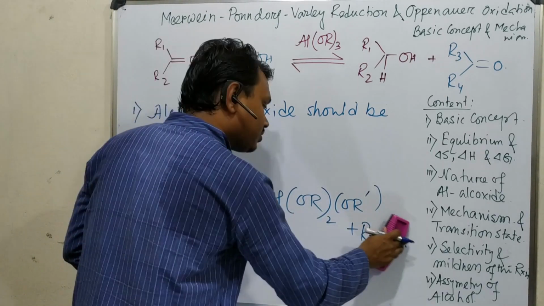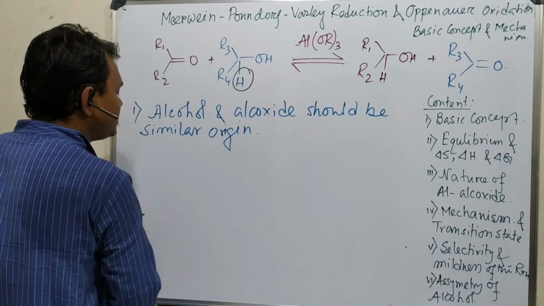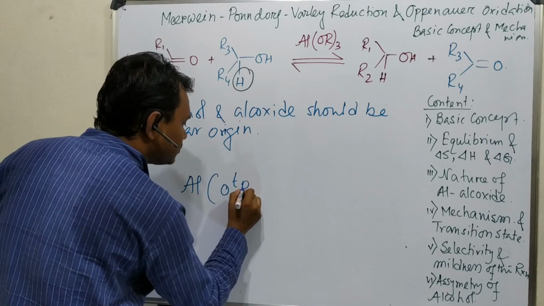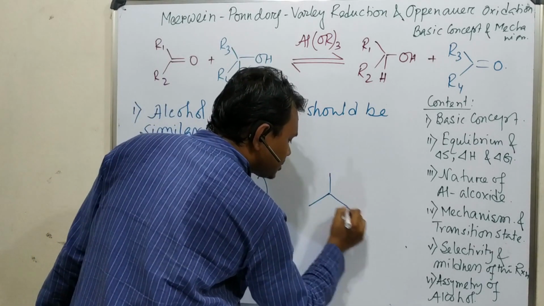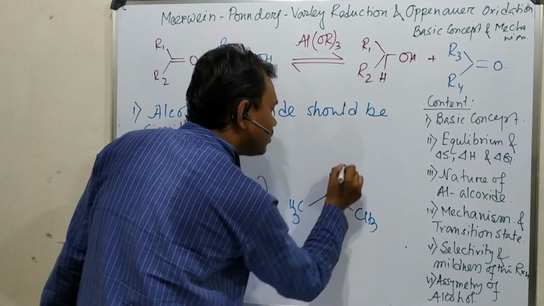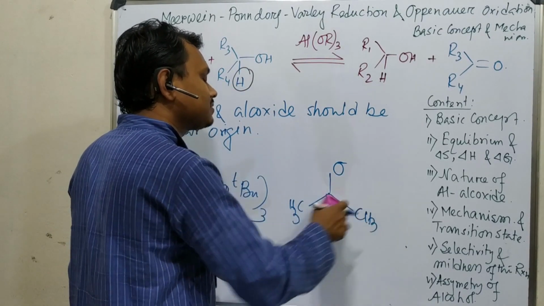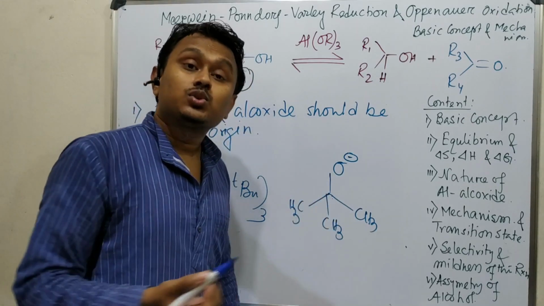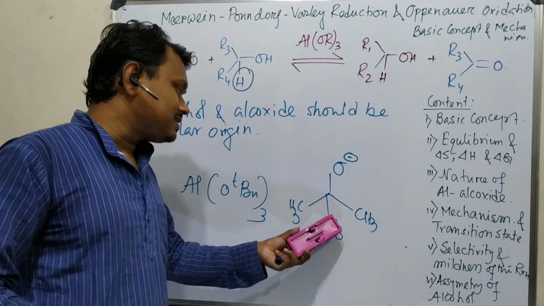Another option, if that is not possible for you, is to choose aluminium tertiary butoxide instead. Why am I saying OtBu thrice? Because tertiary butanol, if you see its structure, is a tertiary alcohol, OH. So tertiary butoxide means O minus. If it is tertiary butoxide, then no hydrogen is there, so which will it transfer? It cannot transfer. So the safest choice is this isopropoxide.